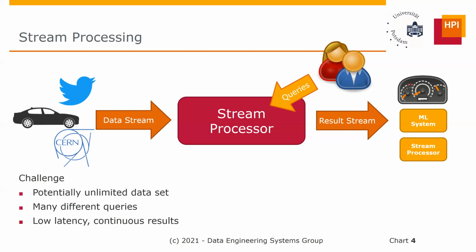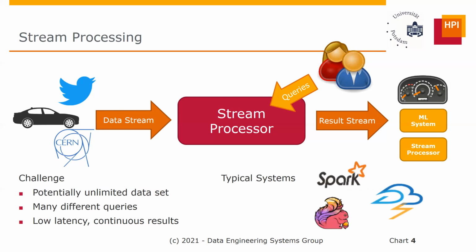And there's a couple of challenges. Potentially, the data set is unlimited, so we don't know when it stops. We might have many different queries on the same stream, and we want to have low latency and continuous results. And typical systems would be Spark Streaming, Apache Flink, which was developed at TU Berlin, and Apache Storm.